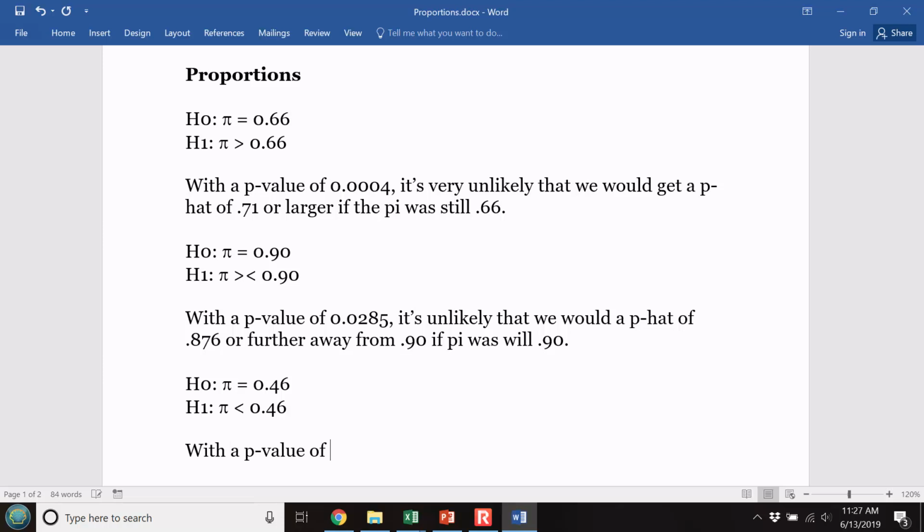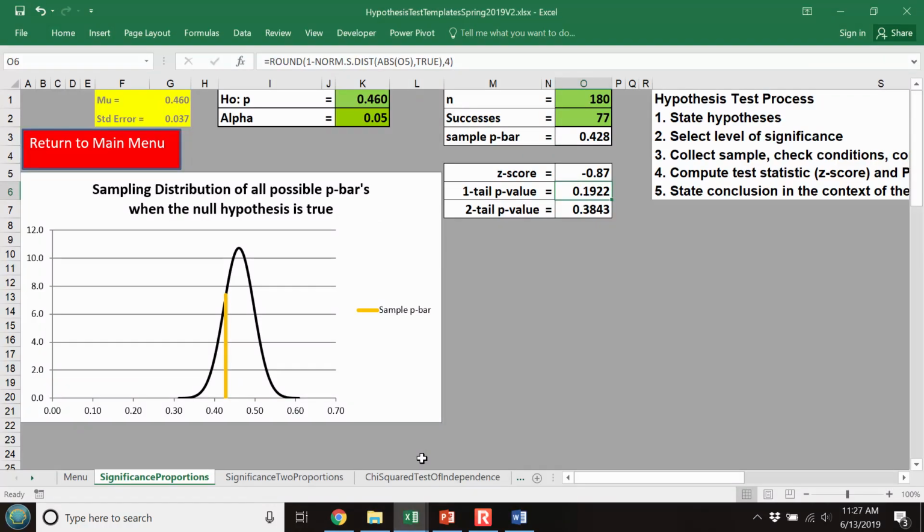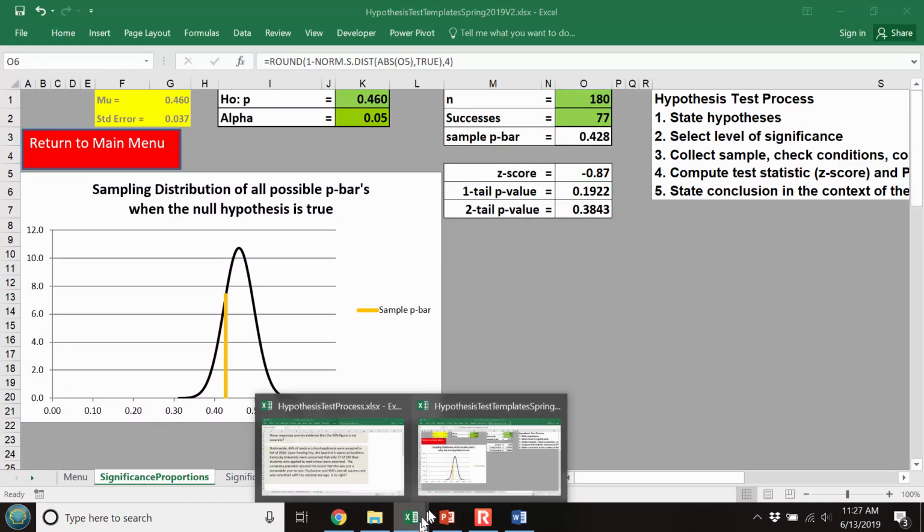With a p-value of 0.1982, I believe is what it was. Let's go back and look again. 1922.